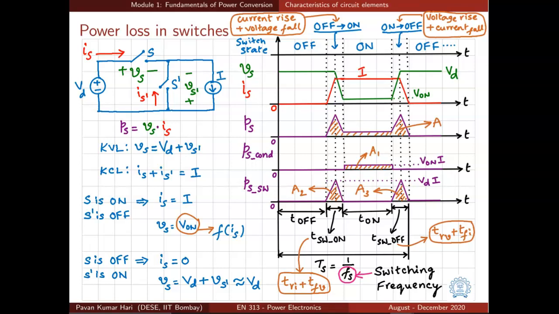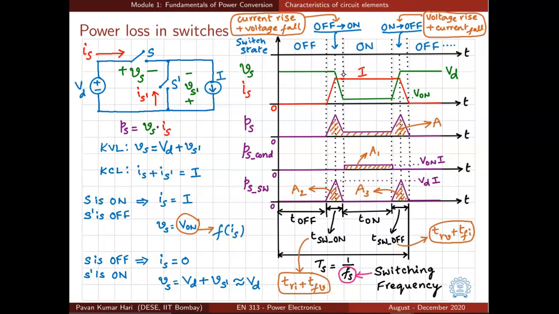Since Is bar is still non-zero, the voltage across the switch Vs in this current rise interval continues to be Vd, which was earlier in the off state also. So the voltage fall interval does not start as soon as the current rise interval starts.